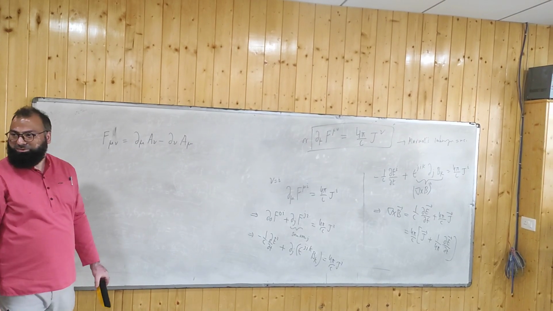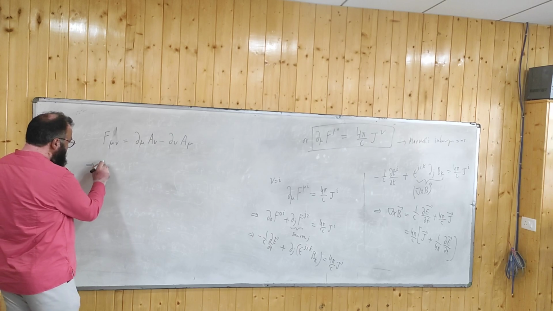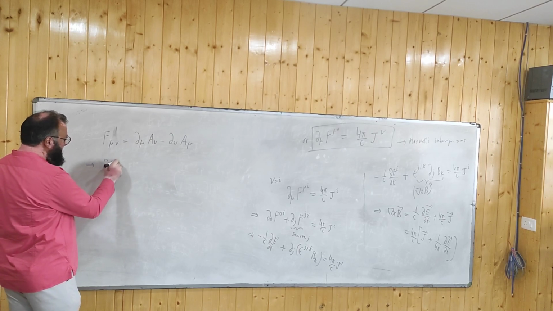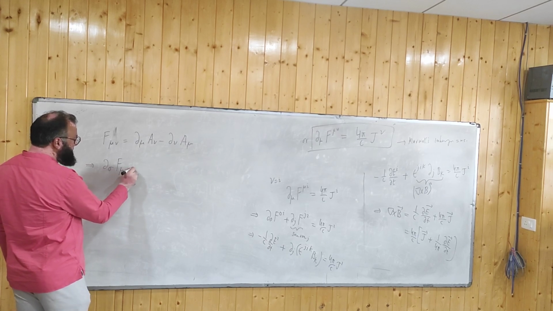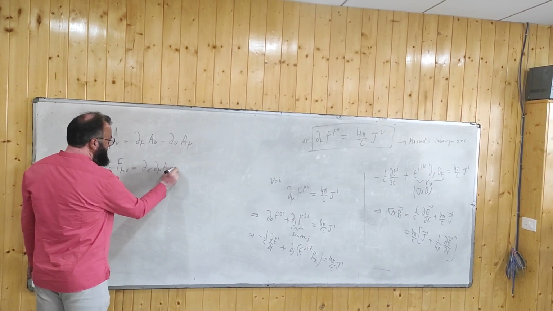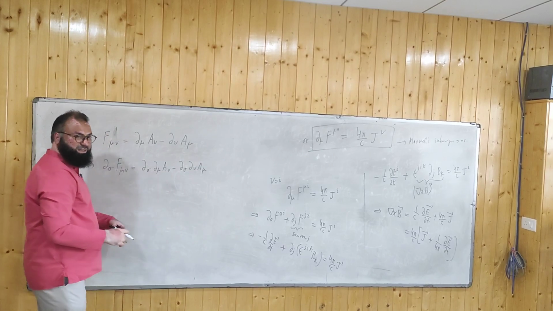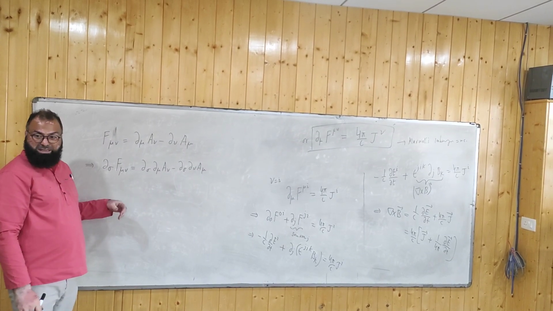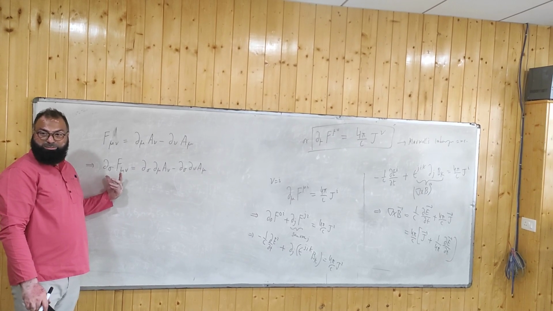So this is our field tensor. Let's differentiate this by ∂_σ, where σ again takes values from 0 to 3. So it's ∂_σ ∂_μ A_ν minus ∂_σ ∂_ν A_μ. Clear? So I'm just differentiating it. Now let's interchange the indices in the cyclic order of this equation.